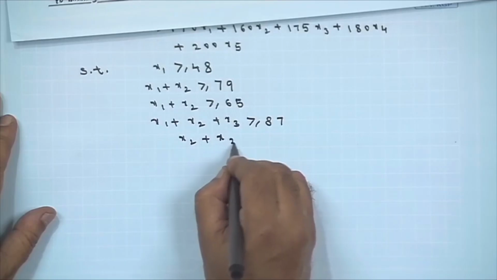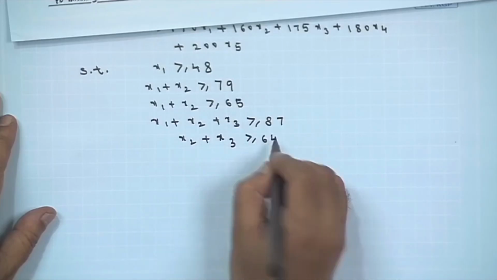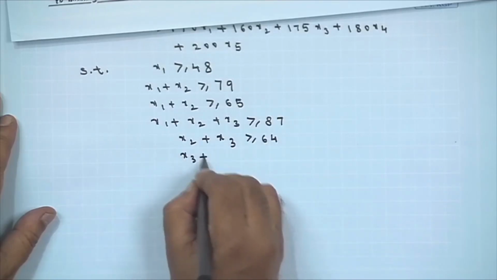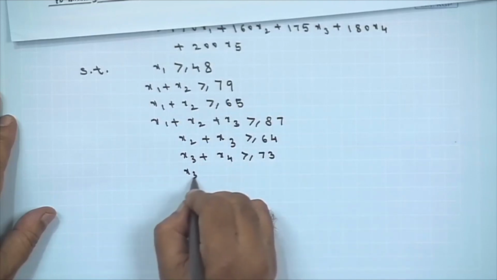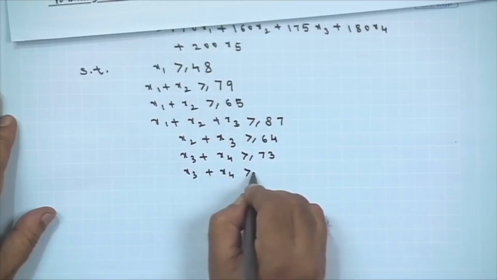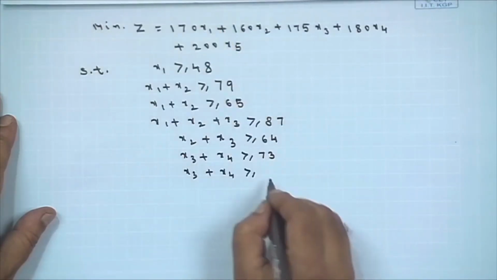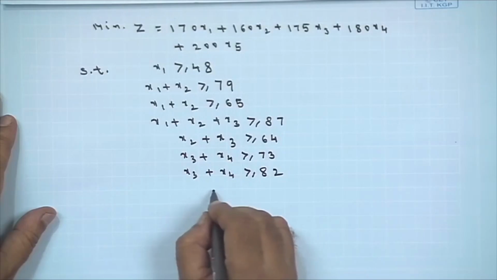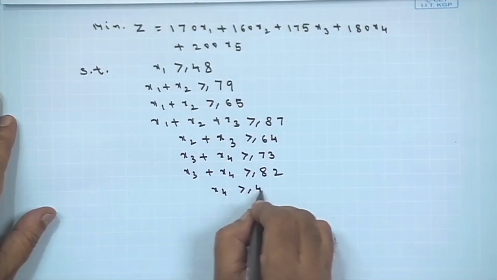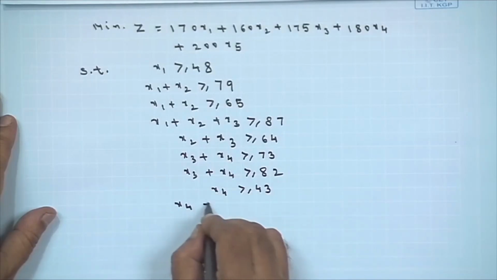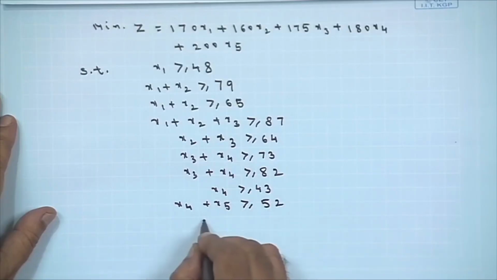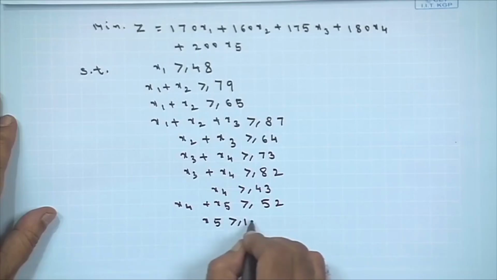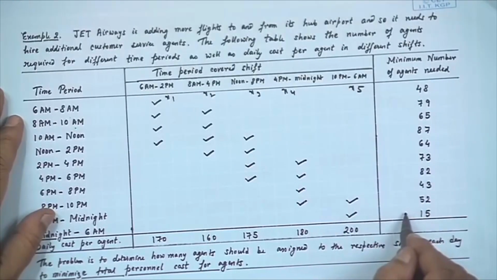The next is x2 plus x3 greater than or equal to 64, x3 plus x4 greater than or equal to 73, x3 plus x4 greater than or equal to 82, x4 greater than or equal to 43, x4 plus x5 greater than or equal to 52 and x5 greater than or equal to 15. That is the last one.